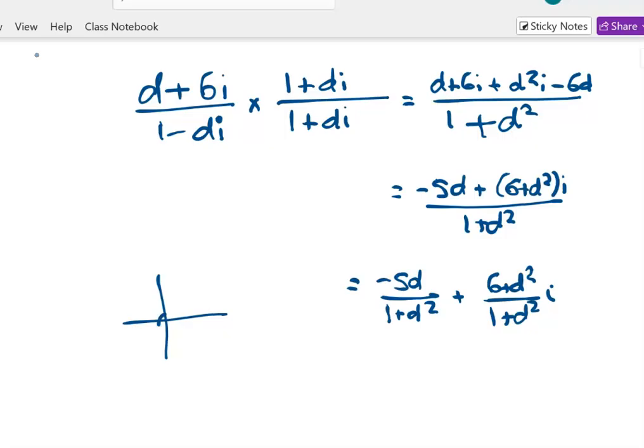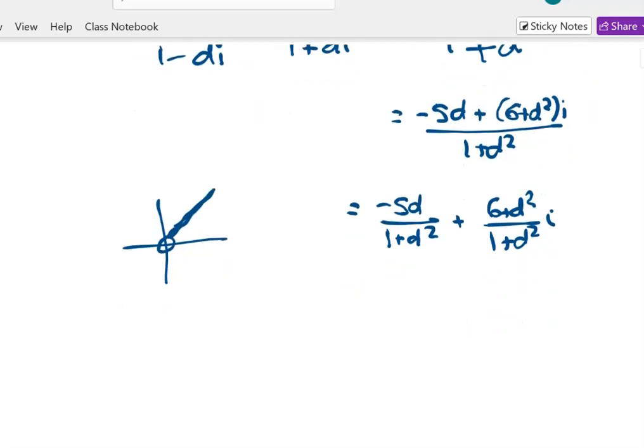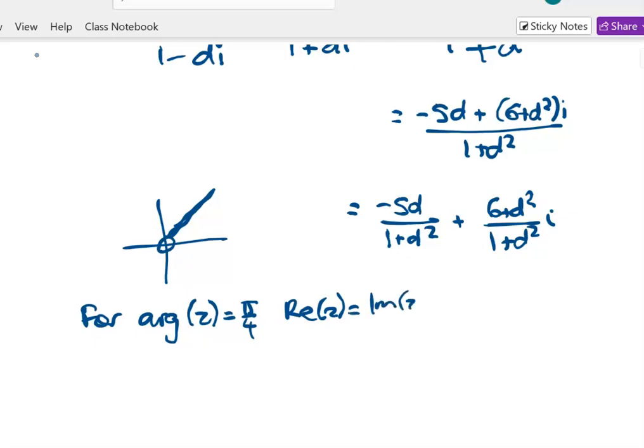Right, so remember, we want the real and the imaginary parts to be equal, and we need them to be positive. So for arg of z equals pi on 4, the real part is equal to the imaginary part, and both of those must be strictly positive so that we're in the first quadrant.